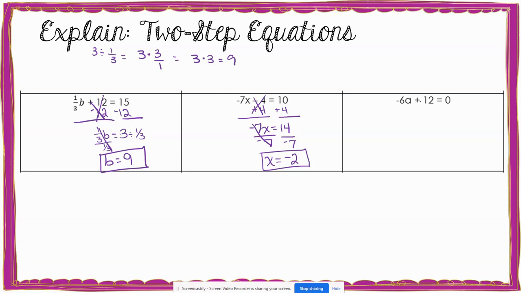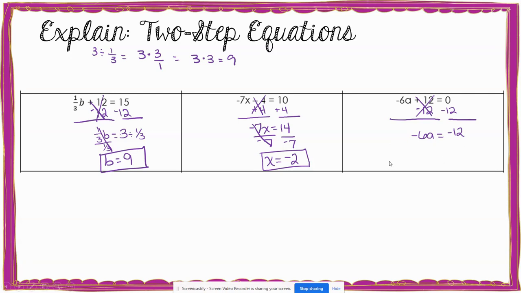Then I have negative 6a plus 12 equals 0. I'm going to start by subtracting 12 from both sides. 12 minus 12 cancels to leave me with negative 6a. 0 minus 12 is negative 12. Now to get a by itself, I need to use the inverse of multiplying by negative 6, which is dividing by negative 6.